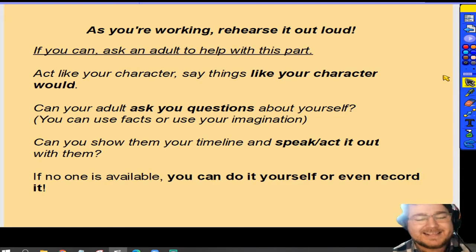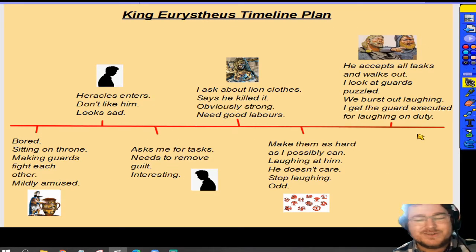If no one is available, you can do it yourself, and you can even record it on a device and play it back to yourself and go, oh, that was good, or oh, I'm not sure he'd say that. This will help you plan out your day and plan out the voice of your character. So if you're Zeus, Zeus is a big god, so he would have a big, booming, demanding voice.